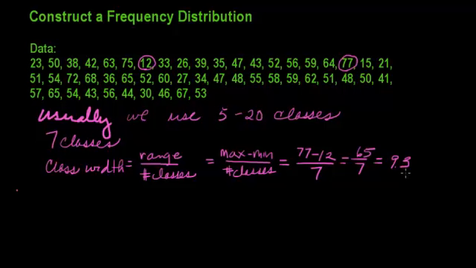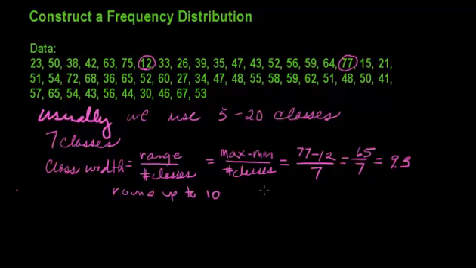Well, we don't want to work with decimals here. We can't just include a portion of one of these scores, so what we need to do is round that. And we wouldn't round down because we need at least 9.3 if we're going to have 7 classes. So we're going to round that up to 10. So our class width now is going to be 10.